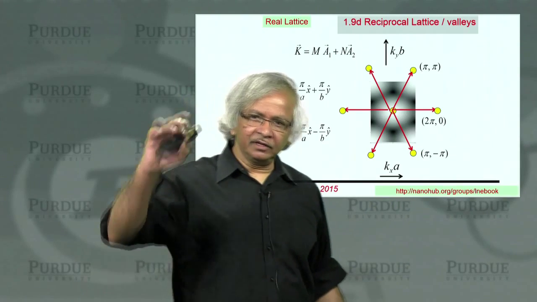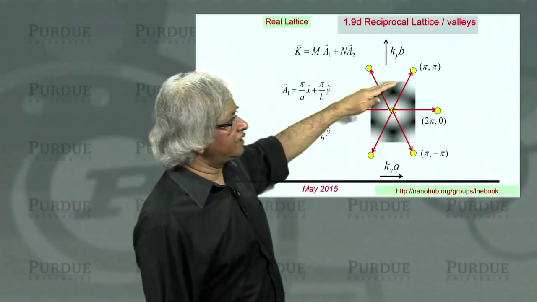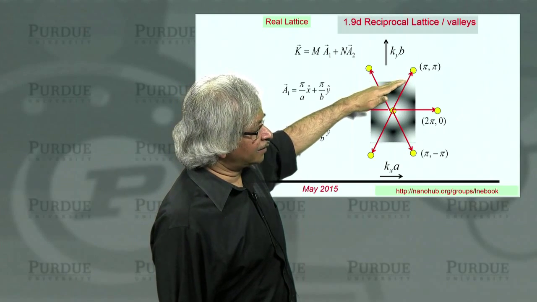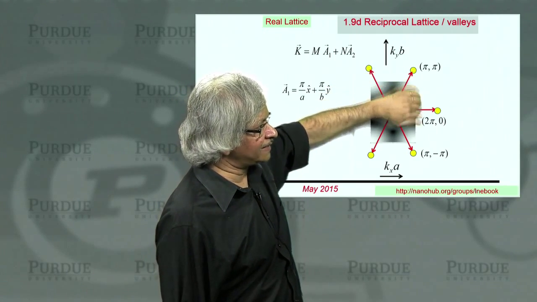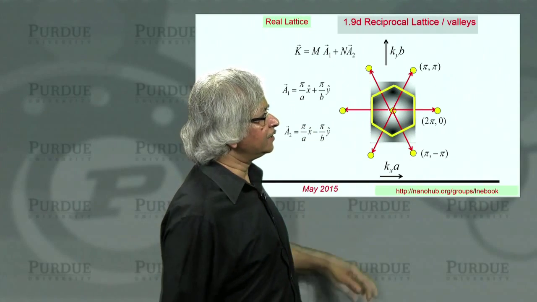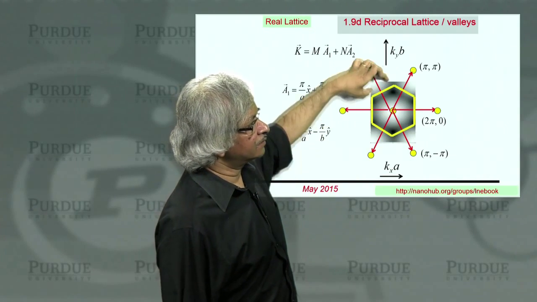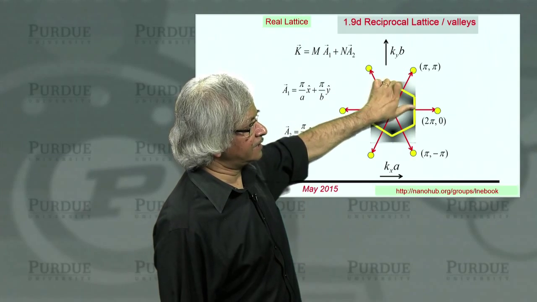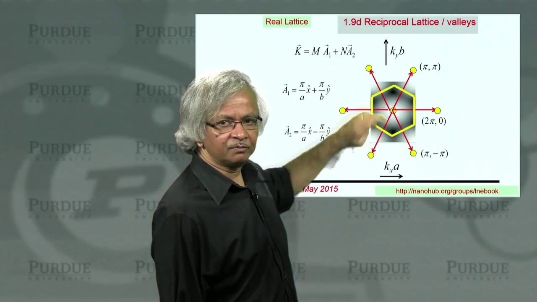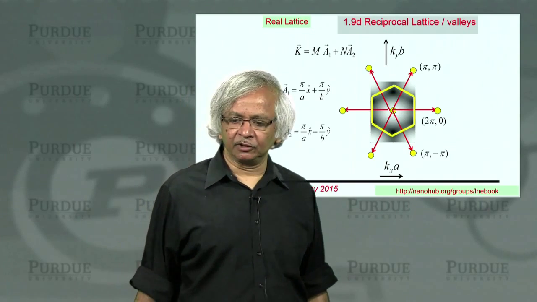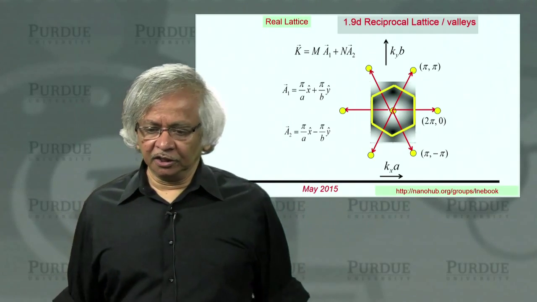Because, if you remember, the Brillouin zone is obtained by taking half of each one, so drawing perpendicular bisectors. When you do that, you take this, bisect it, take that, bisect it, take that, bisect it. And that's how you get the first Brillouin zone. And this is exactly what I had drawn earlier.